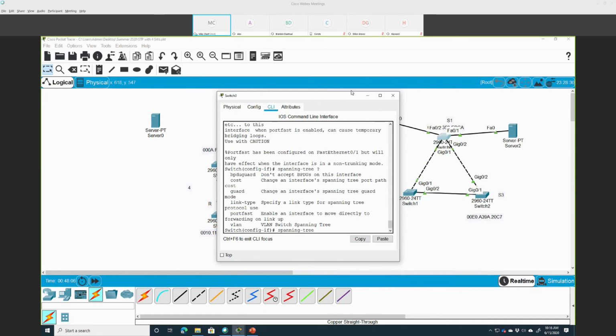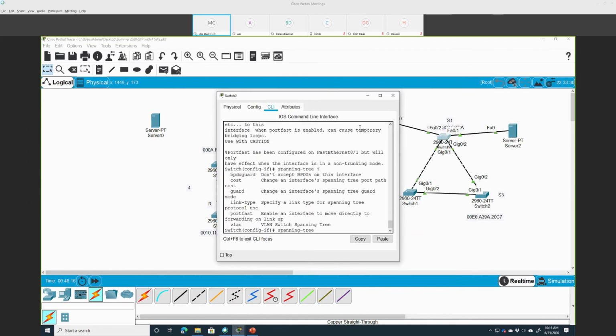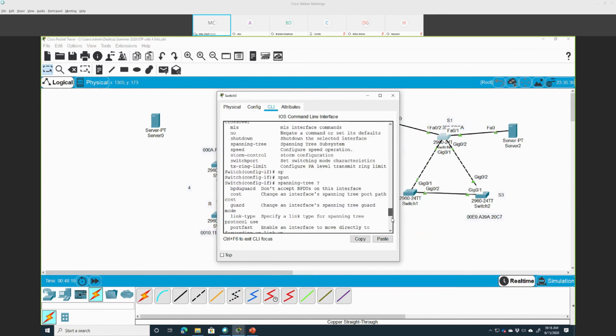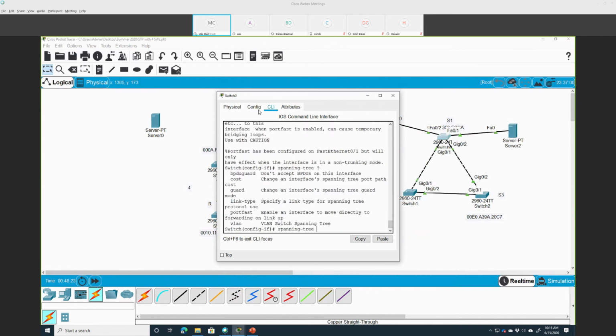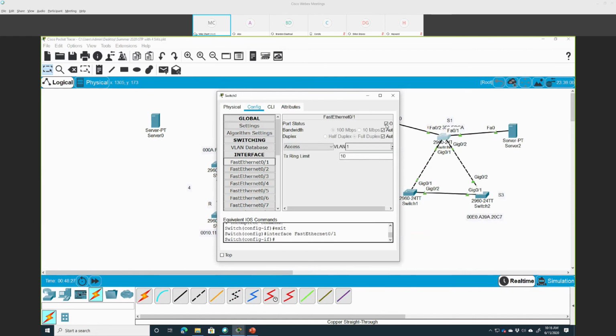Okay, so we enabled basic PortFast, so it doesn't have to go through this. If we test it, if you go to this interface, which is F0/1, and we shut it down and bring it back up, it goes green right away.